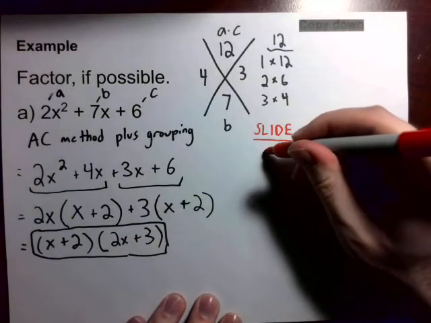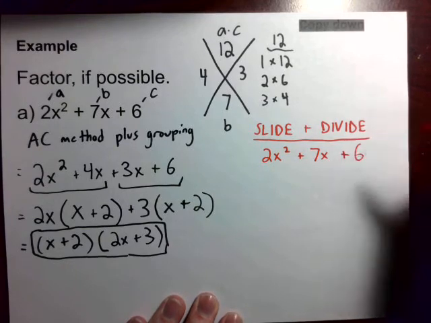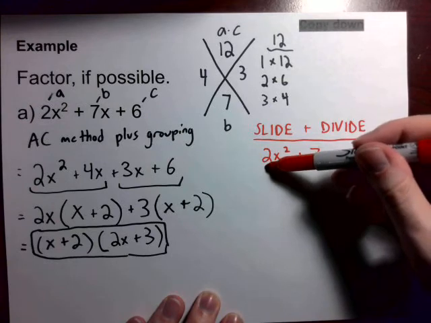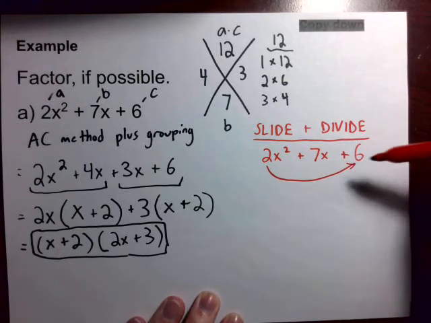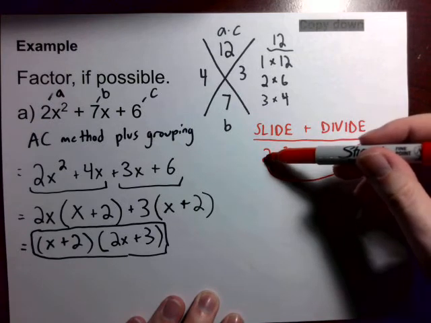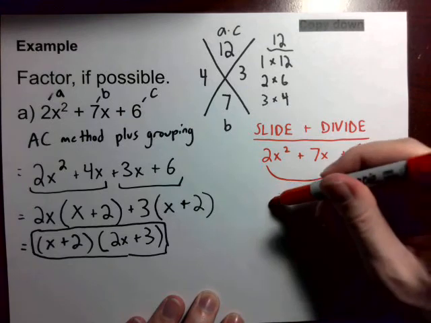So for slide and divide, we'll rewrite the complex trinomial, and then the a value here, in this case it's 2, we slide the a value over to the last term with c, and we're multiplying the a value times the c value. So multiply 2 times 6.